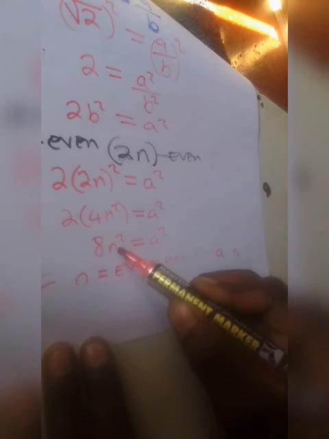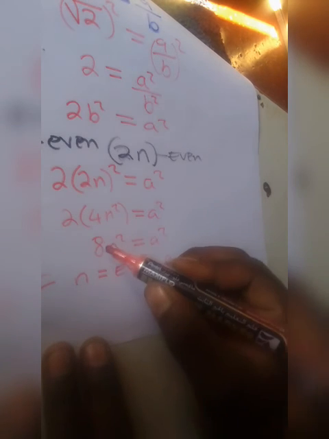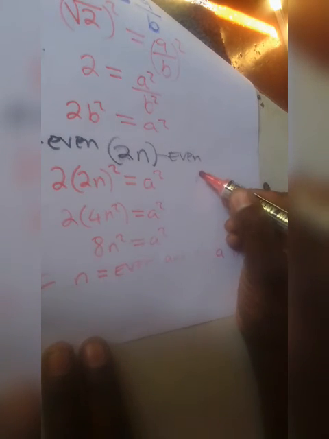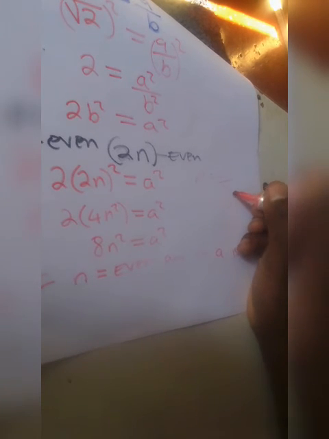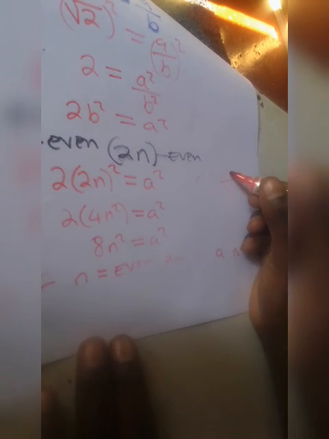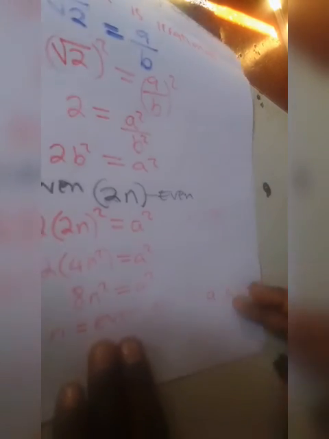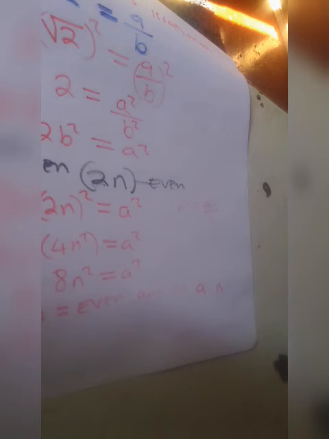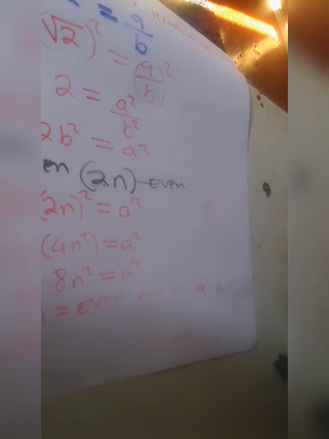Even n, if A squared is divisible by 8, for you to find the value of n, you do this: n squared is equal to A squared over 8. It means if this is even, the number which is dividing the A squared, even this number is even. So you can see this number cannot be expressed as a ratio or a fraction.